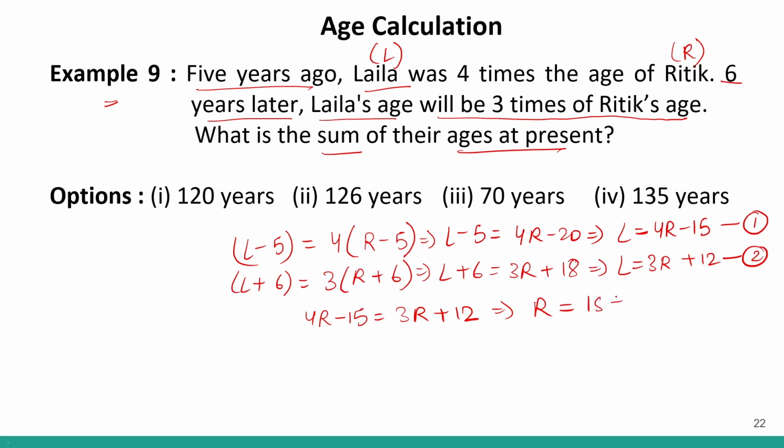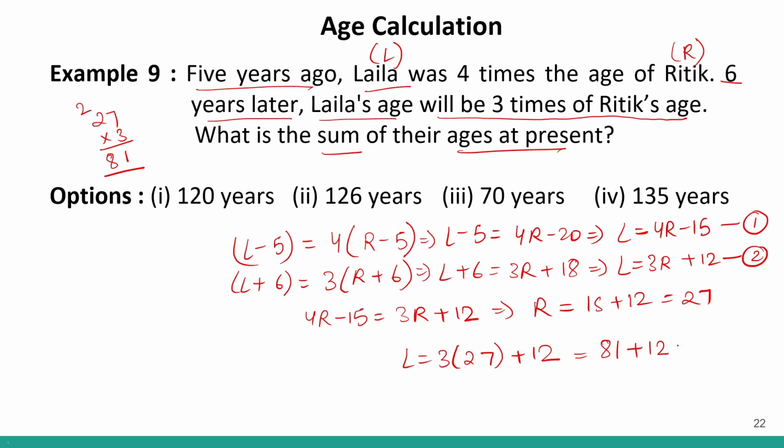So if R is 27, I can put it in equation number 2 to find the value of L. So L will be 3 into 27 plus 12. Correct? So 27 into 3 is how much? 7 into 3 times is 21. 3 into 2 is 6 plus 2, 8. 81. So this will be 81 plus 12, which is equals to 93.